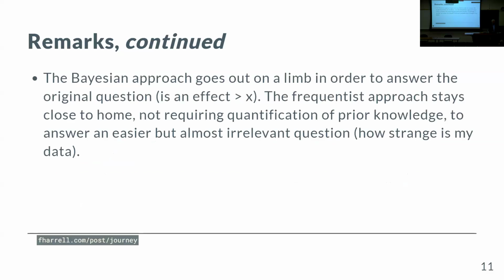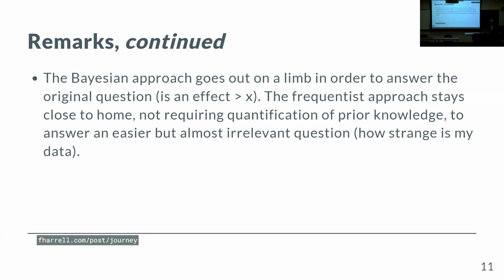So the Bayesian approach gets criticized for needing a prior distribution. So it has to go out on a limb. So it has to bring in this prior distribution in the multiplication that you're doing, the simple multiplication, to answer the original question. Is the effect greater than some number? The frequentist approach stays close to home, keeps things simple. One reason was so that Fisher could do calculations with pencil and paper.